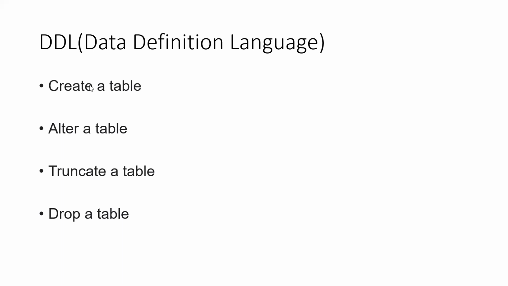So: creation of a table, alteration of a table, truncating a table. Truncating a table means we can delete all the records from the table. That is called truncate, but the table structure remains as it is inside the database. The table columns should be there, but all the table's data is truncated. And dropping of the table: if we drop the table, nothing will remain for that table.